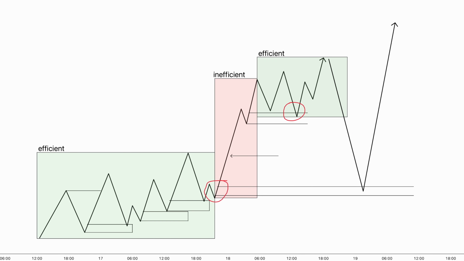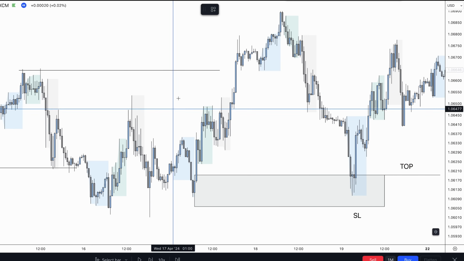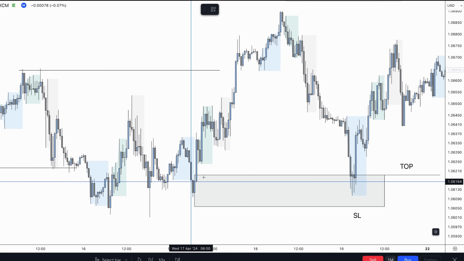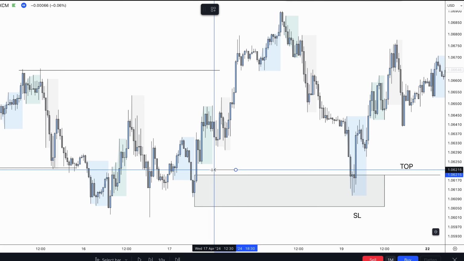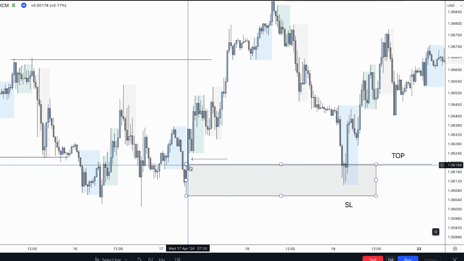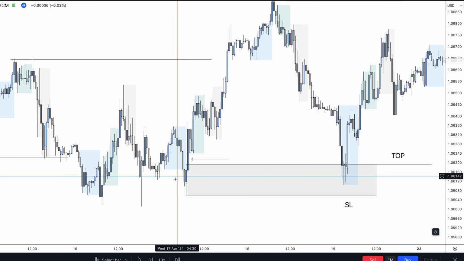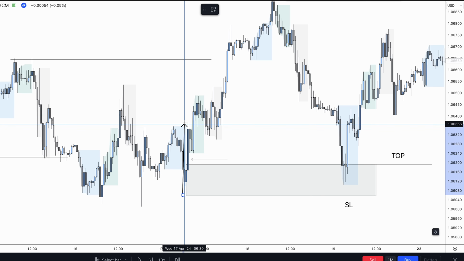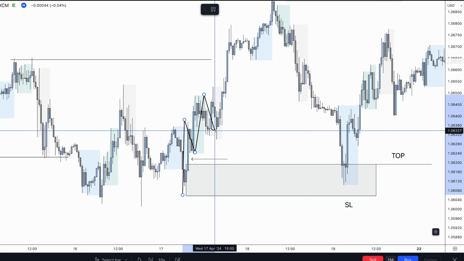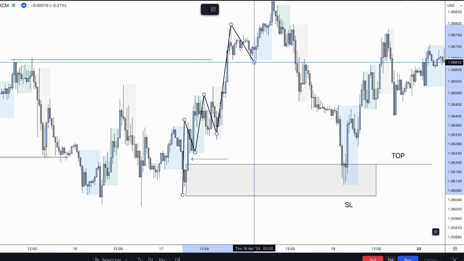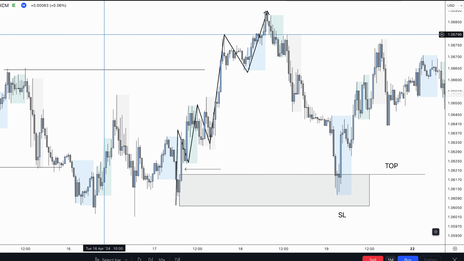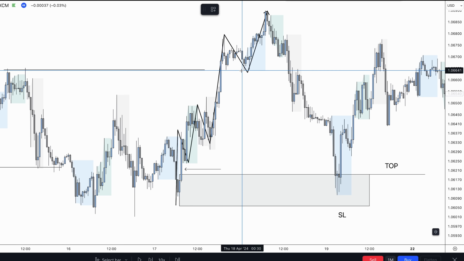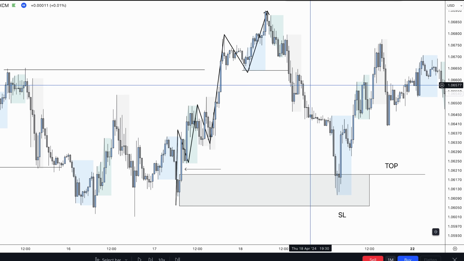Let's translate this to the charts. We had the structural shifts to the upside. We marked out our demand zone, and now with that new tip in mind, you can see we have one of those open price ranges just here. Although the market, from a lower time frame perspective, has formed higher high, higher low, higher high, higher low, higher high, higher low, higher high, and then we broke some structure to the downside just here, this wouldn't become a full-blown downtrend.